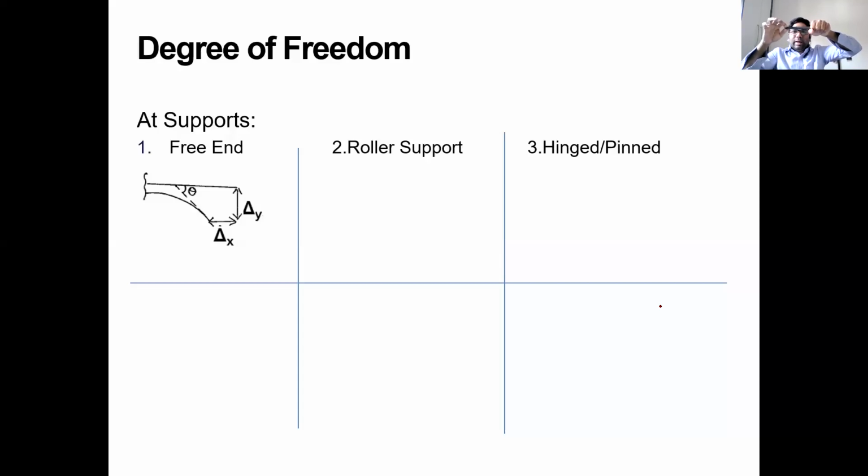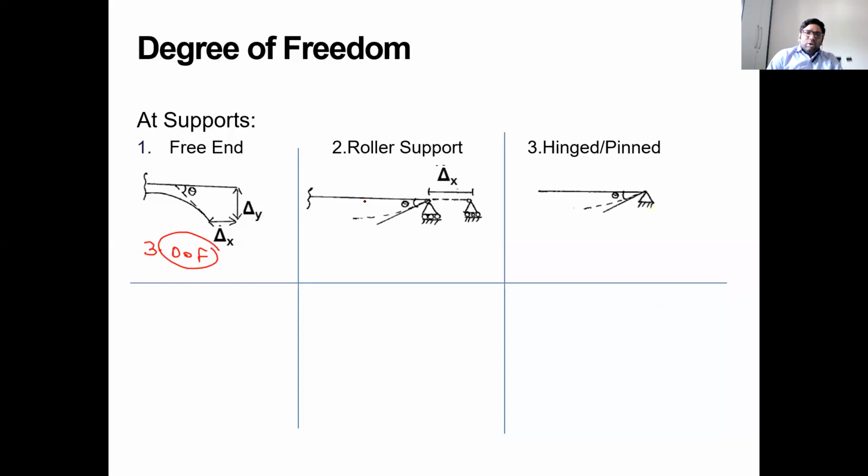It can deflect vertically, can move horizontally a little bit, and can rotate also. Therefore, a free end will have 3 degrees of freedom, and a roller support will have 2 degrees of freedom.